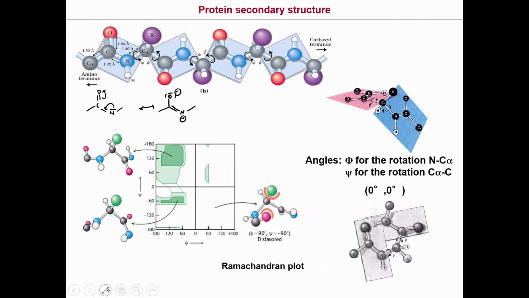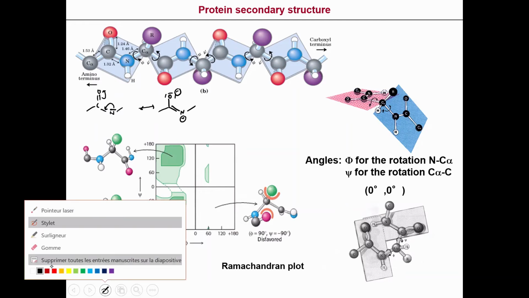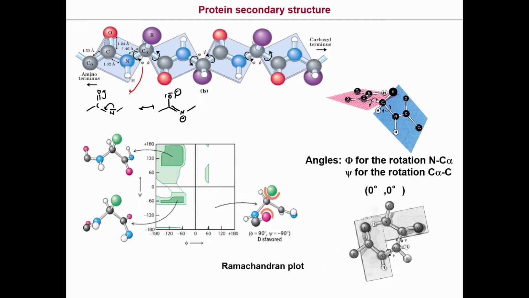So here is phi, and this is psi. Okay? And by convention, both phi and psi are defined as 0. So this is the convention.